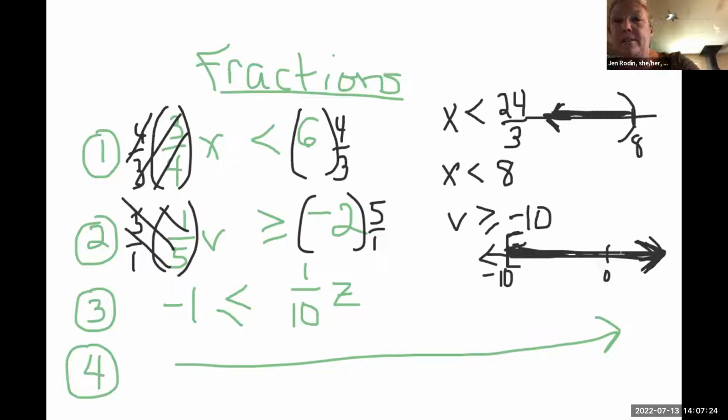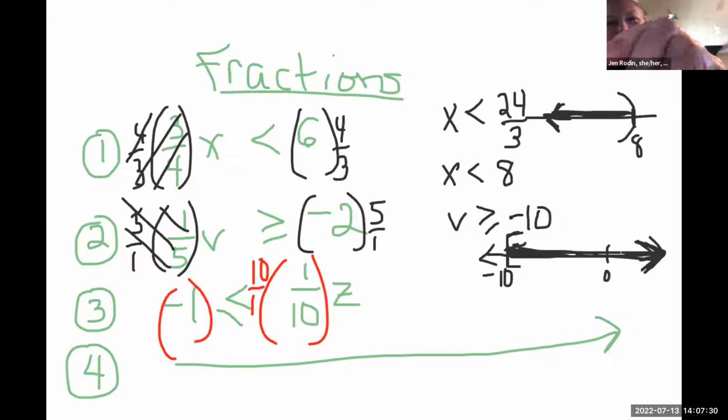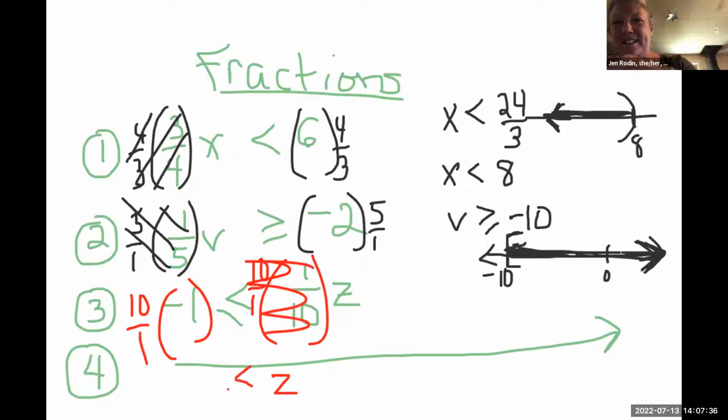And this last one, find your z, find your variable. It cancels. So I read that right to left, that one. z is greater than or equal to -10. That's easier for me to understand. That's kind of funny, because it's the same as the last question had: greater than or equal to -10.